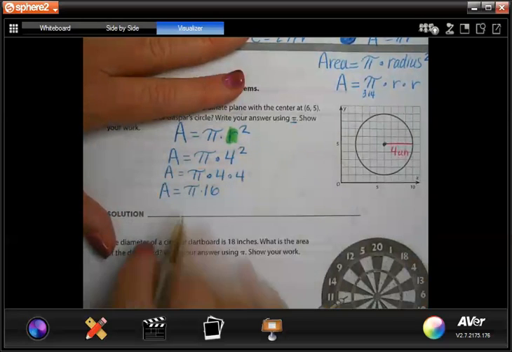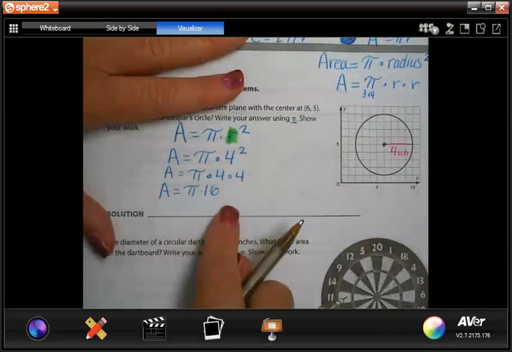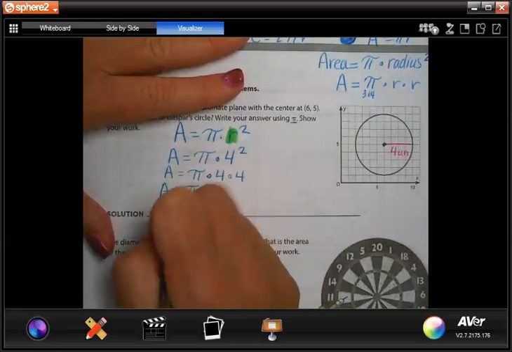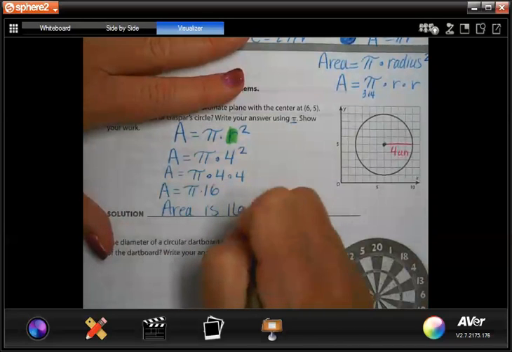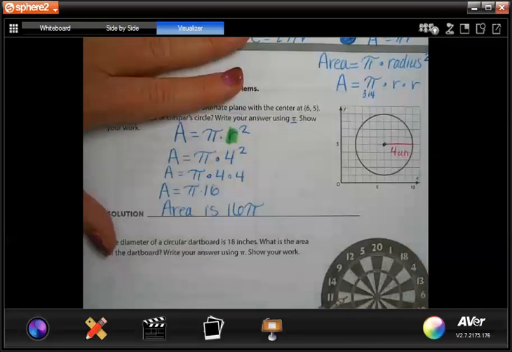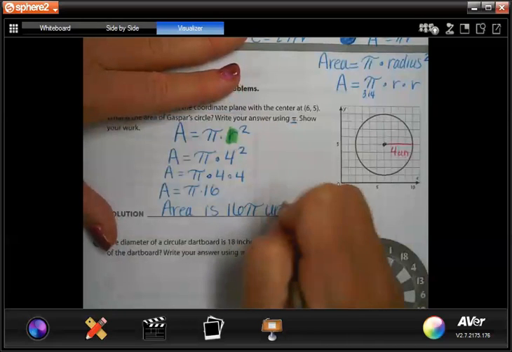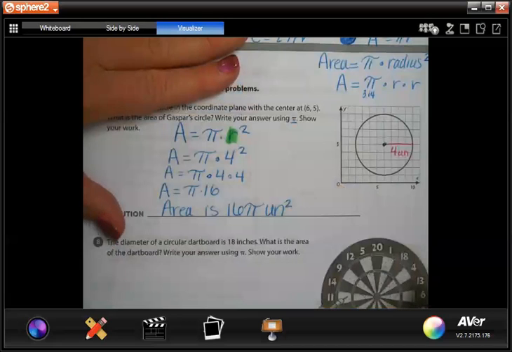So to rewrite this, because remember, you're in math class, numbers come first. The area is 16 pi. Now we're going to label it, and it's units squared.